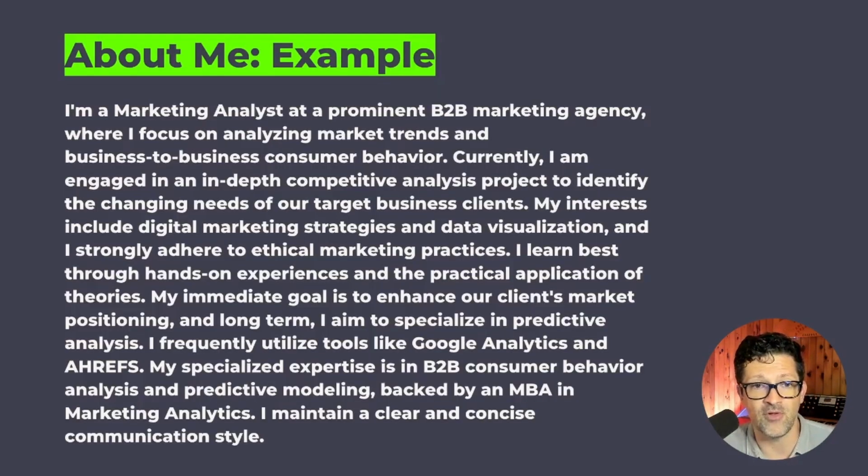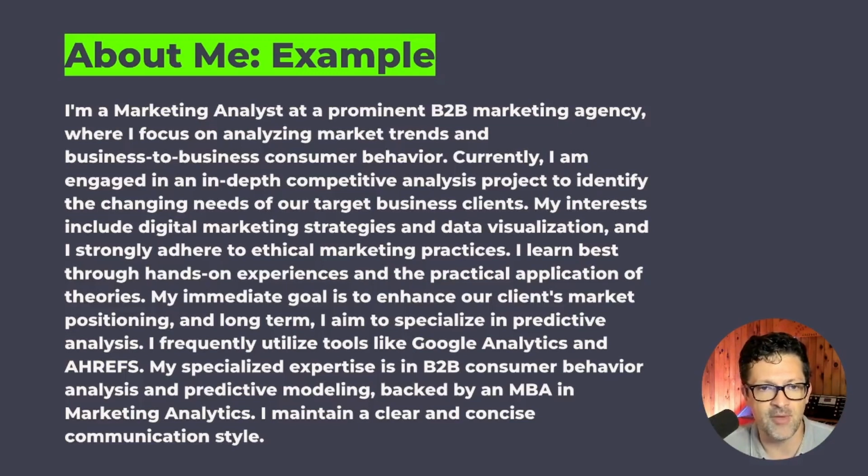Here is an example of an About Me for a marketing analyst. This was something I've been experimenting with in that About Me section. It's a little bit long. I'm not going to read it. You can take a screenshot of it. You may want to try using all of that space to steer it as closely as you can in a certain direction, or you may want to experiment with just some very simple directions in there so you're not conflicting with yourself and confusing it.